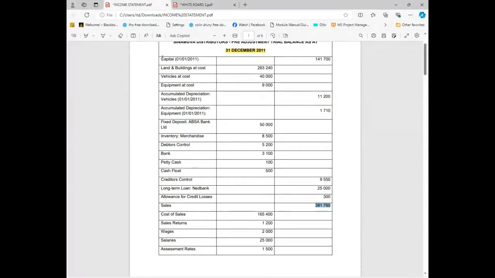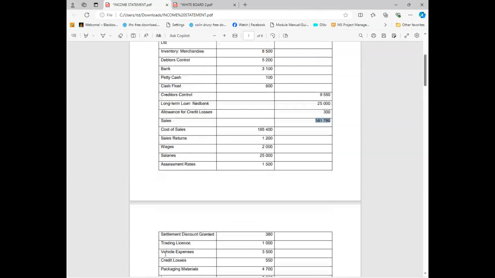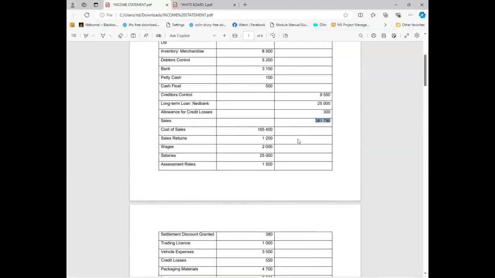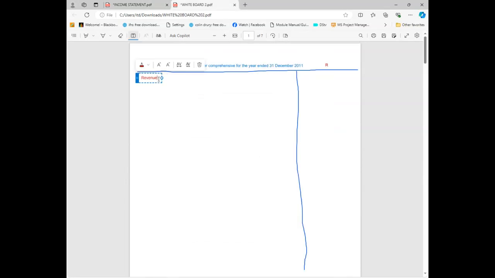But as you can see, everything from capital up to the allowances for credit losses is the balance sheet section. But everything from sales downwards will be the nominal. If you're not sure whether it's an income or not, you just use whether it's a debit or a credit. Are you still with me? Yes, sir. So my first amount that I found is my sales.